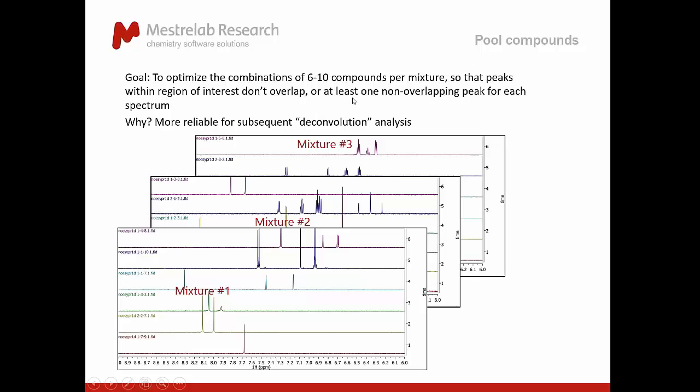And usually we want to have at least one non-overlapping peak for each spectrum in the whole mixture. Right? The reason is that will make the subsequent analysis of the mixture spectrum much easier. So we want to deconvolute those mixtures, the compounds in the mixture. Right.